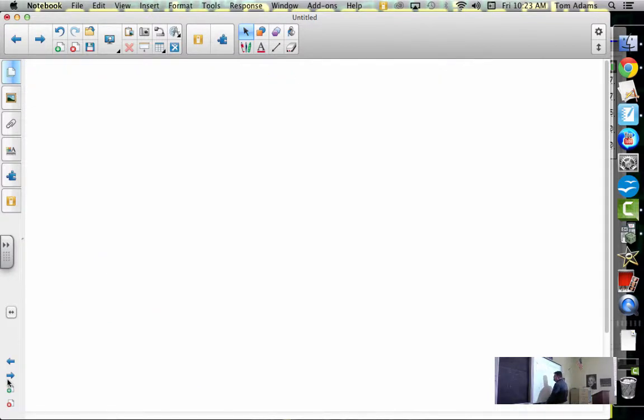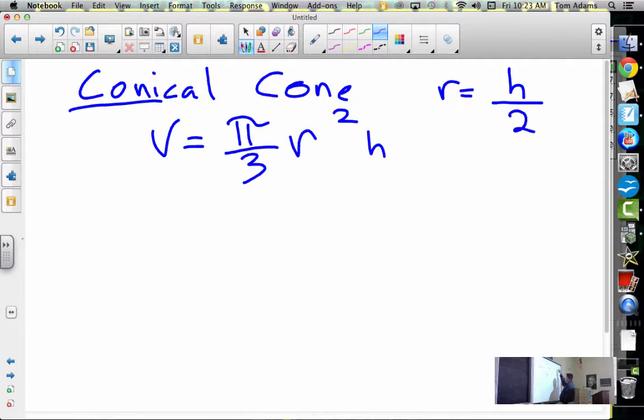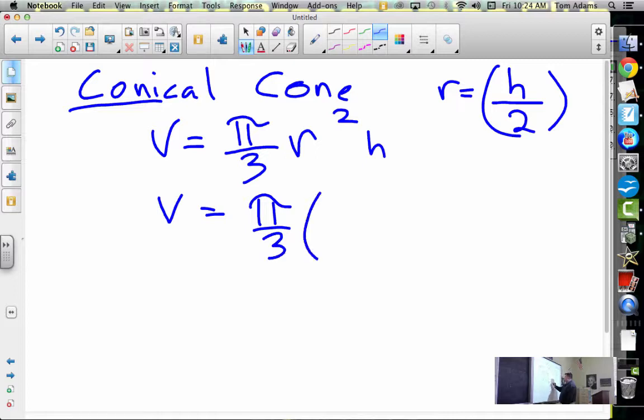So technically, the volume of a cone is pi times r squared times h, divided by 3, but r is equal to the height divided by 2. Now that's important because that'll allow me to take the derivative with respect to h alone. So when I substitute that in, I get pi over 3 times (h over 2) squared times h.